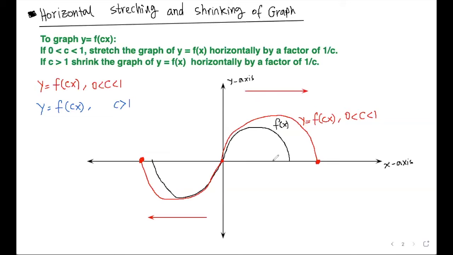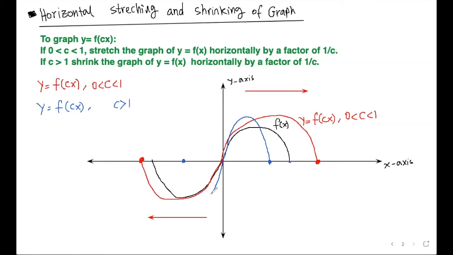This is the x-axis. This point still remains. Shrinking means we shrink the function horizontally. So the point here will go to here, and the graph looks like this. Like we shrink the function.